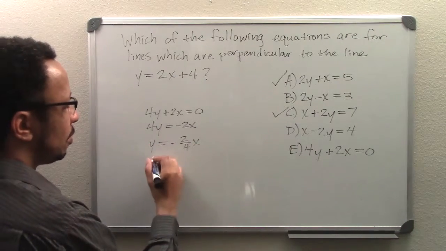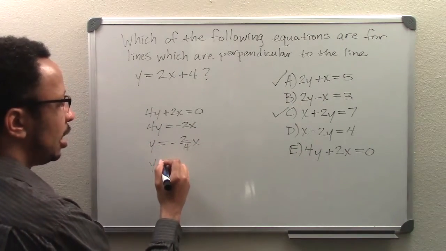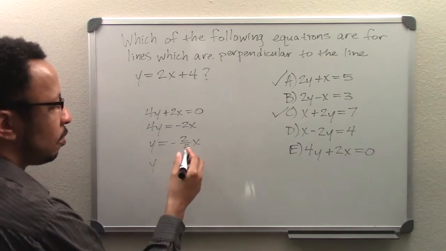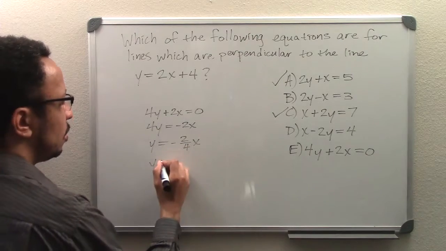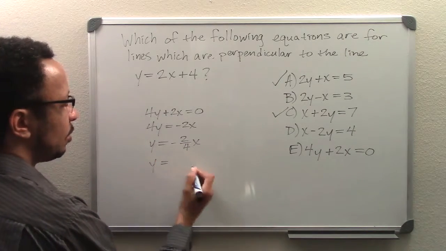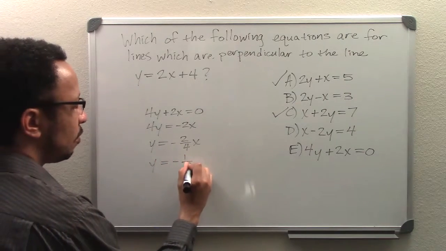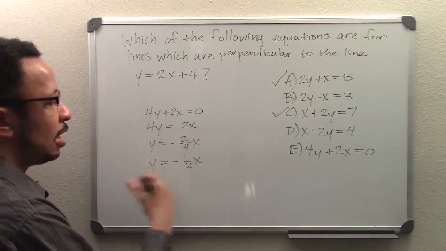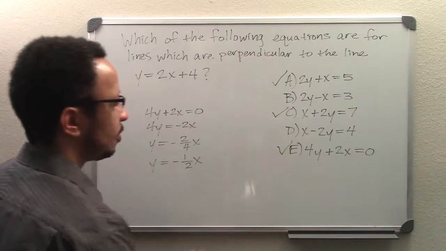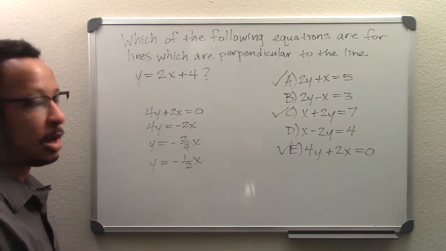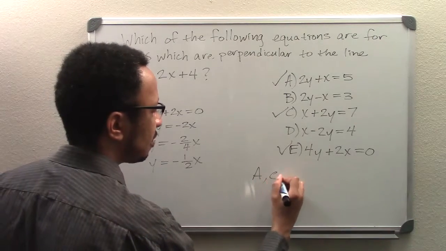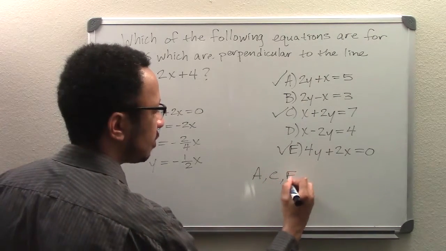And 2 over 4 is reduced to 1 over 2, dividing 2 over 2 is 1, 4 over 2 is 2. So we have now y equals negative 1 over 2x. That is the negative reciprocal, so E is another answer. And so the answers for this problem, to summarize, would be A, C, and E.